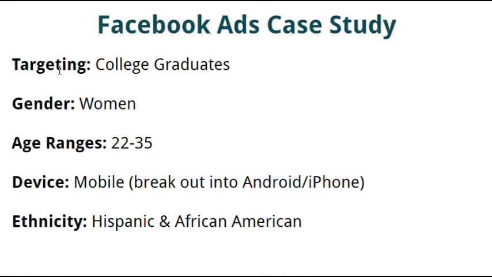Other than that, we really didn't know too much. We knew the age range was going to be probably between 20 and 35. Outside of those two factors, we had no clue what else to target them by. So we initially started a couple of campaigns to see where the conversions were coming from.